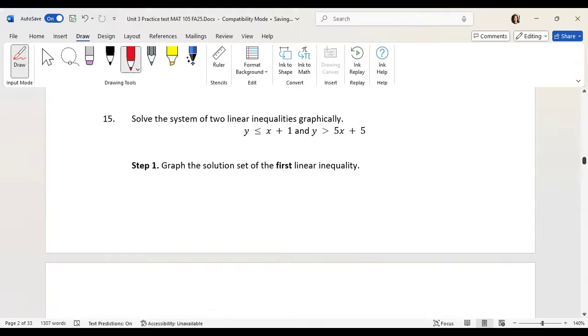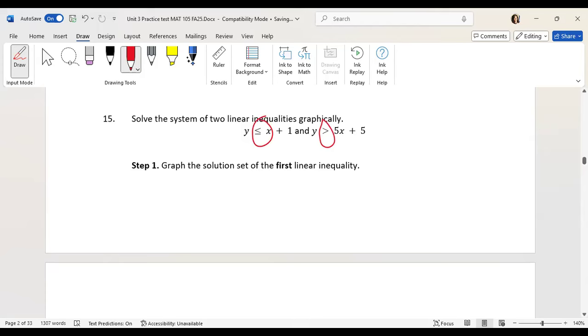What we can do now is sketch the equations, which are already in slope-intercept form, both of them. But we have to be careful. The inequality right here is closed, so points on the line are included, but the inequality here is open, so points on the line are not included.